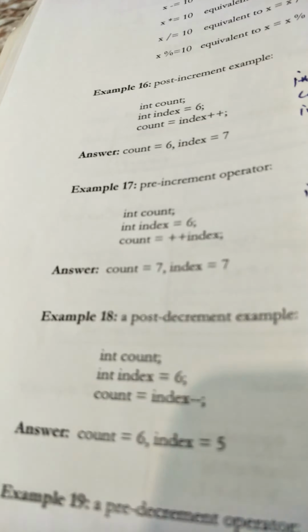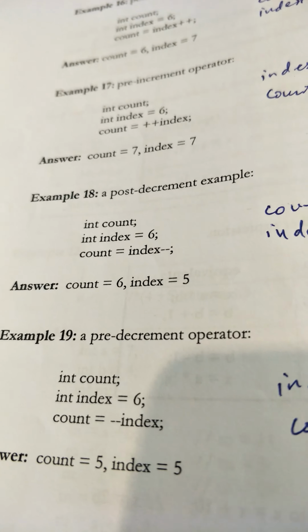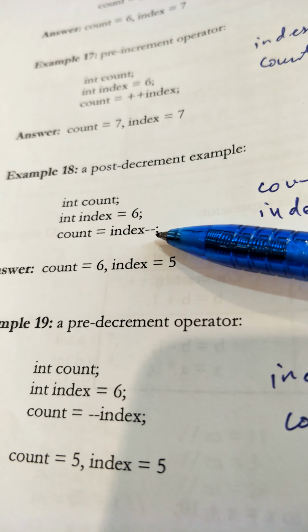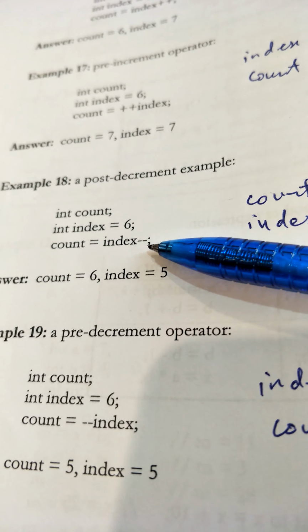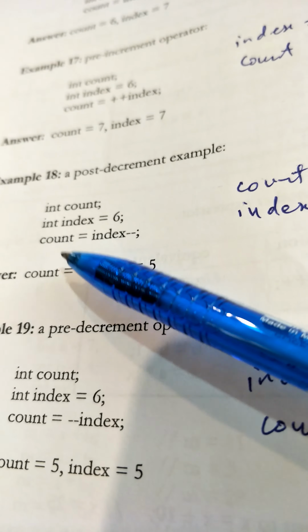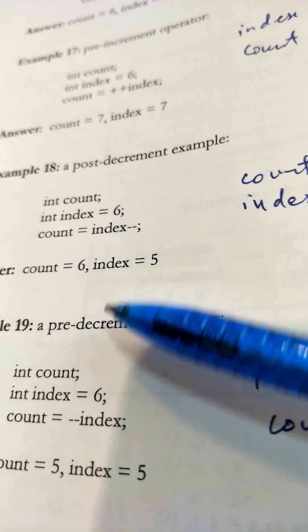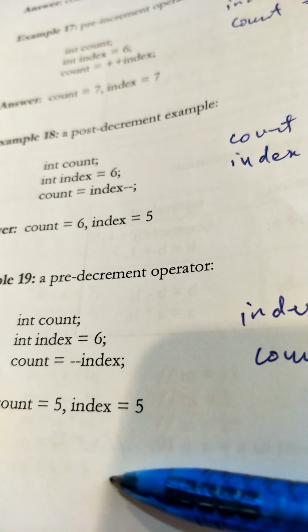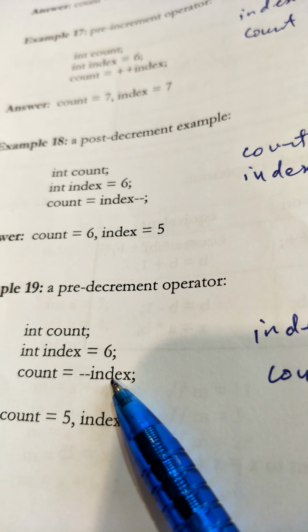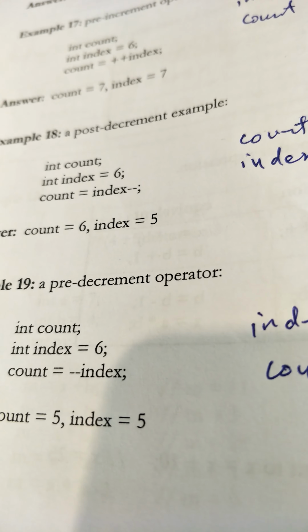Okay, so you can do the same for the decrement. This is index minus minus, which means we give the old value of index to counts, then we decrease the index. In this case, we have minus minus index, which means we decrease the index first, then we give the new value of index into counts.